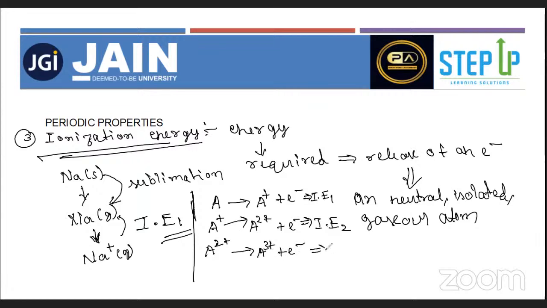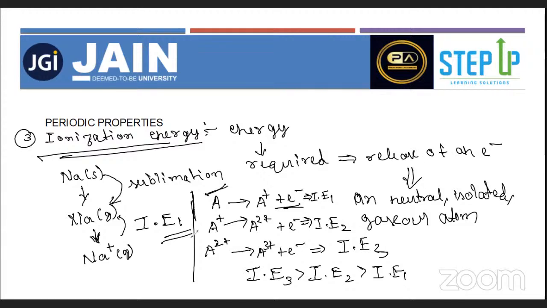So it is obvious from this trend that ionization energy 3 has to be higher than ionization energy 2, and that has to be higher than ionization energy 1. Initially it was neutral and ready to give one electron, but now it's already a cation, and from that you are still trying to take negative charge.